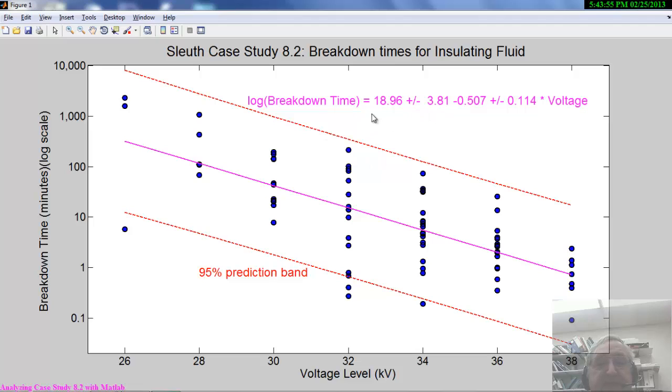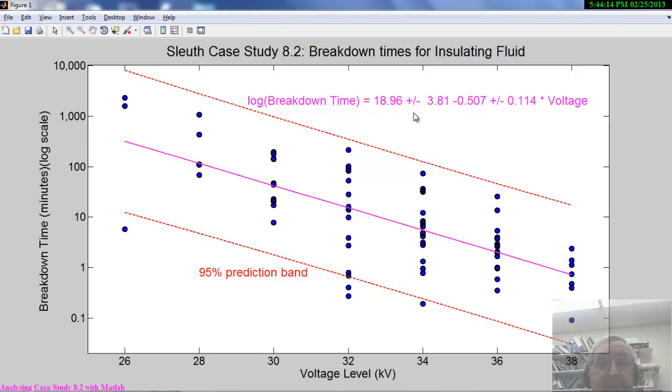And then I have the equation given for the log breakdown time is 18.96 plus or minus 3.81, minus 0.507 plus or minus 0.114. That one's probably using at least one too many significant figures, but that could be changed fairly readily.